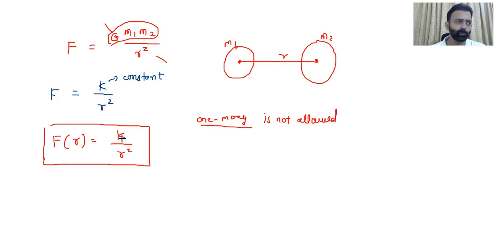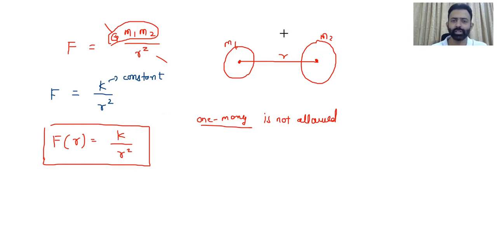Let us say R is 1 lakh kilometers. For this single 1 lakh kilometers, you cannot find different values of force of attraction. It makes sense that the gravitation force between moon and earth for a single value of R will remain constant no matter where they revolve.